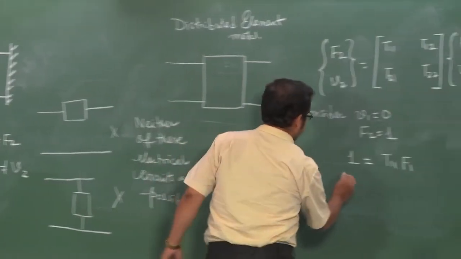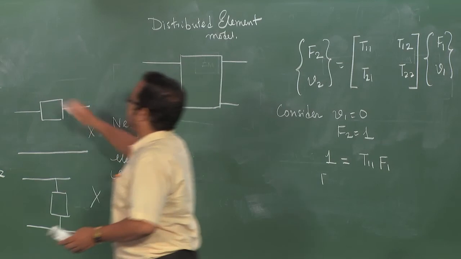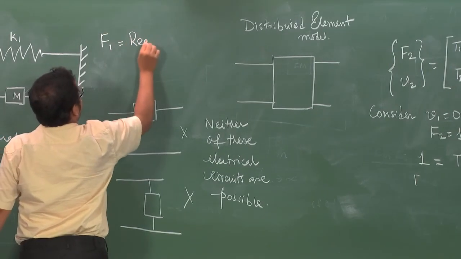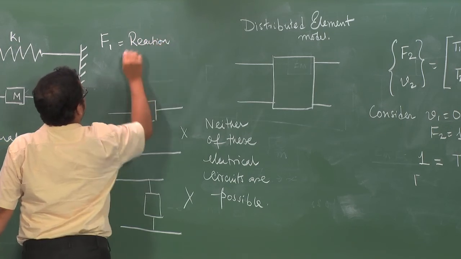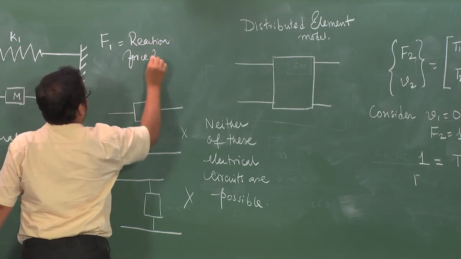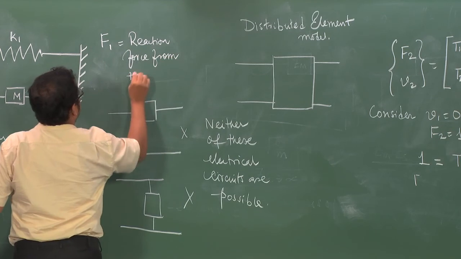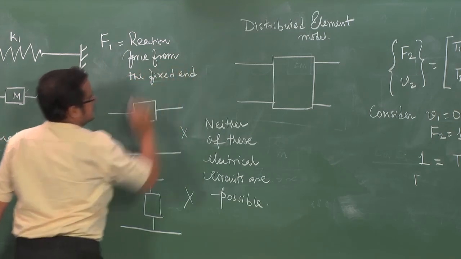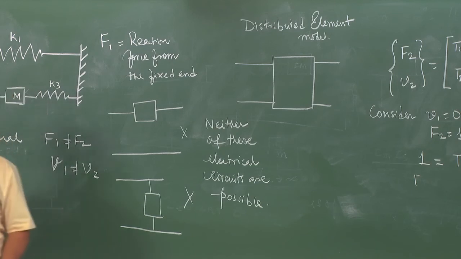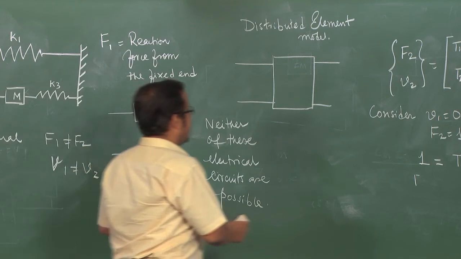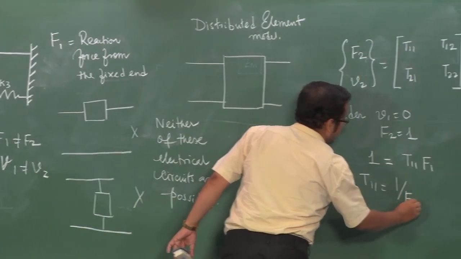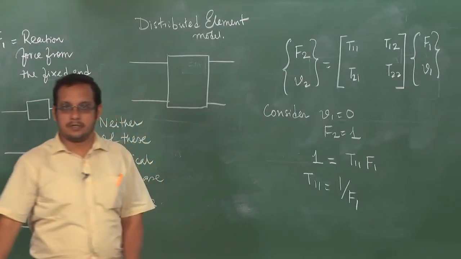So, F1, I will write it here, F1 equals to the reaction force from the fixed end. That can be obtained, not a big deal, right. So, once you obtain that reaction force, T11 is going to be just the reciprocal of that reaction force.